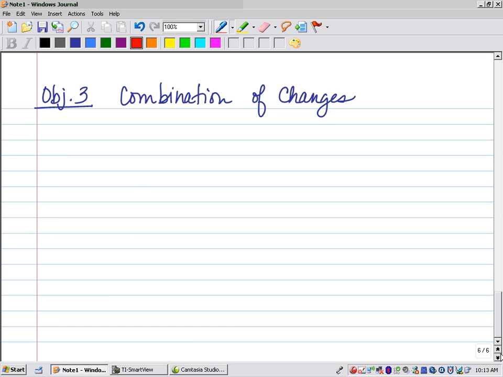Now, for a combination of these changes, it's going to look like this. Let's say y is equal to the square root of x minus 2 plus 4. So you have to tell me, how is the basic function changing?